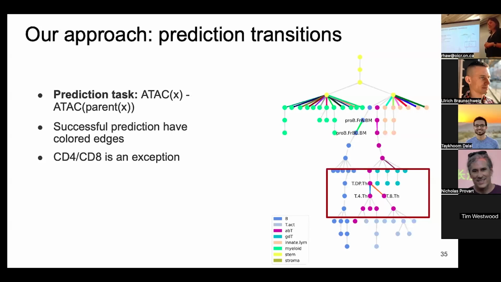And we decided to solve it in a way that brushes all of those concerns aside. We're really leveraging the fact that we have this nice tree structure. For all of these cells, there's some sort of parent that they came from, except for the very starting point. So I can reparameterize this prediction task as just trying to predict the differences.